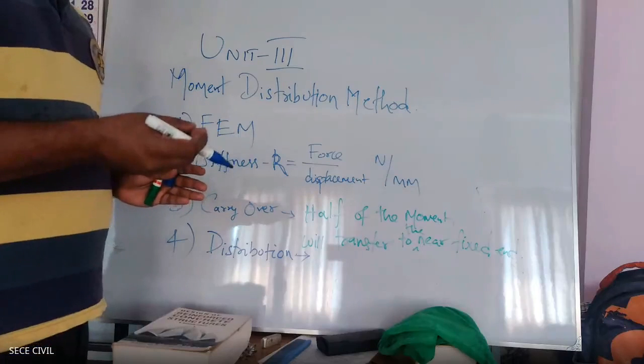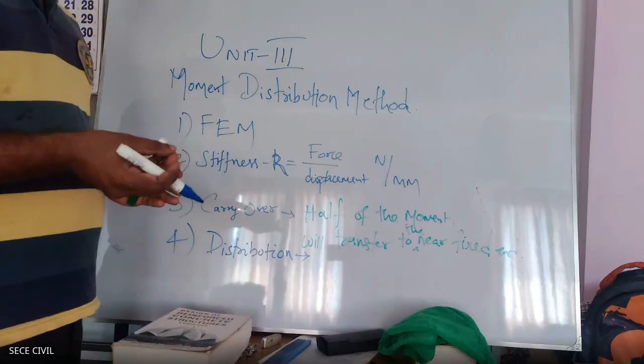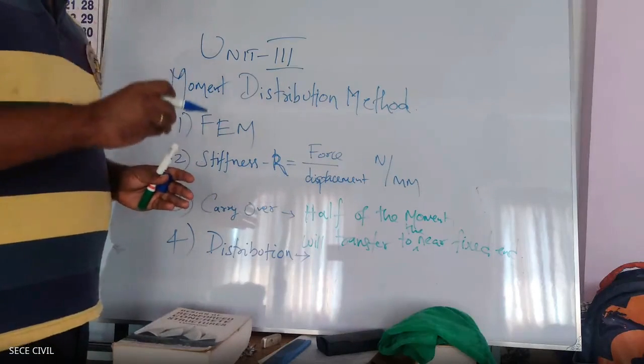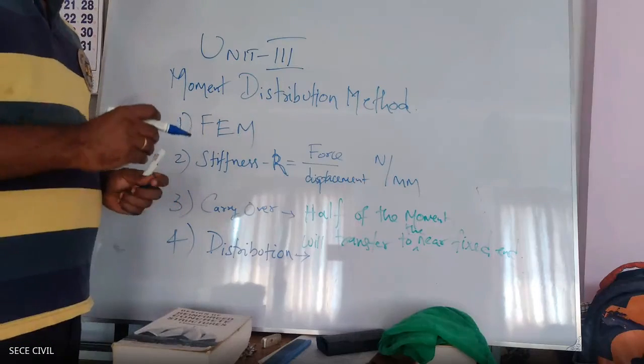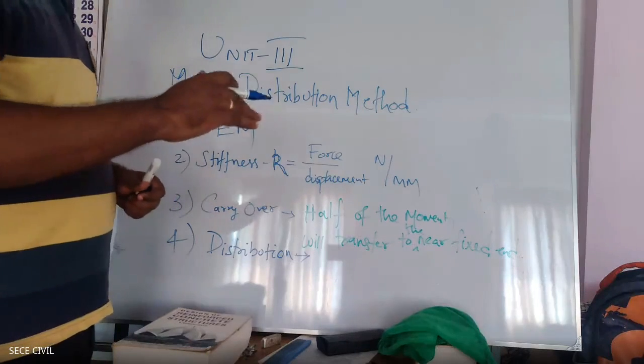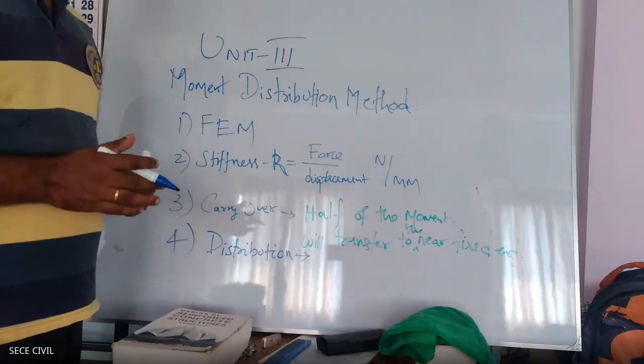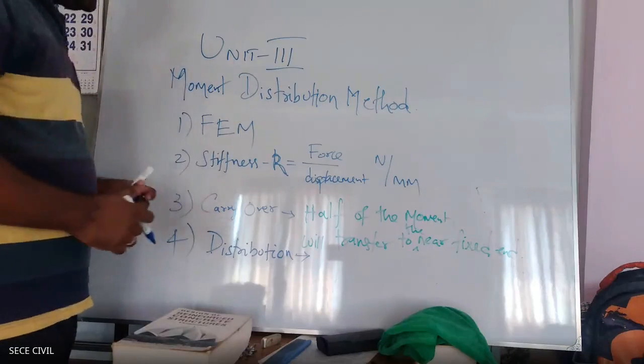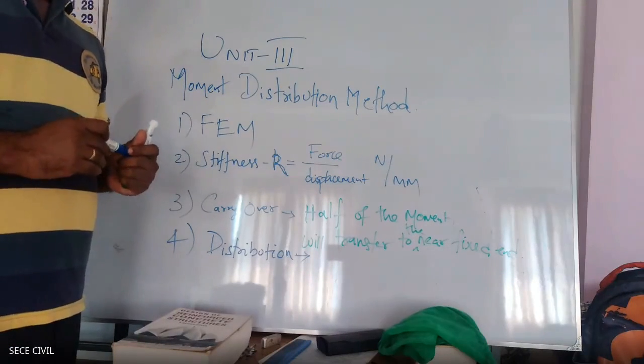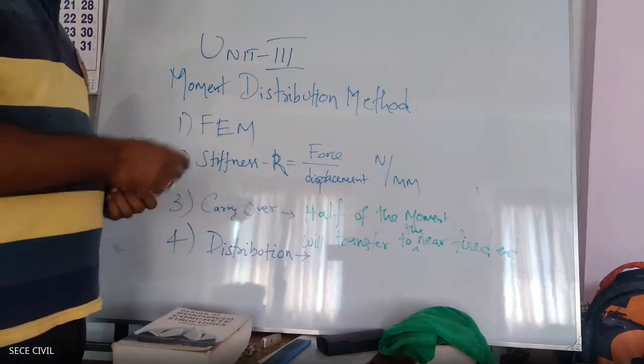How much moment we have to distribute, we have to calculate the distribution factor. Then we distribute the moment to the supports. These are the four terms we learned in yesterday's class. Do you have any doubts in this?